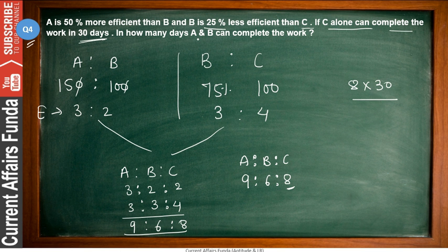And in how many days can A and B complete the work? The combined efficiency of A and B will be 9 plus 6, which is 15. So divide by 15. So A plus B will do it in 8 into 30 divided by 15, which is 2 times 8, which is 16 days. That will be our answer.